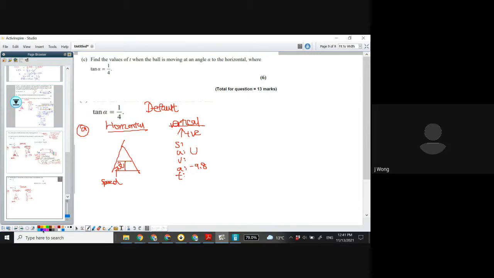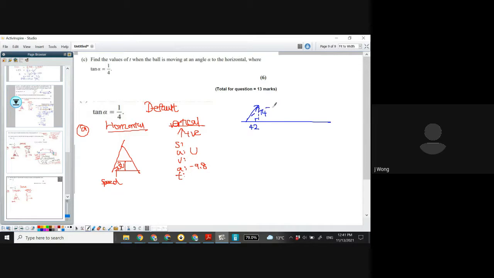Let's first try to understand what they are asking for, by looking at what it means to have an angle to the horizontal. When we start projecting a ball, we project based on the numbers given. We project with a speed of 42 horizontally and 14 vertically.